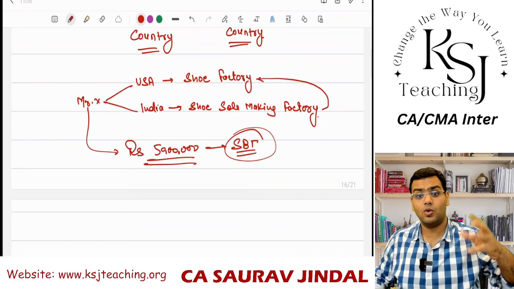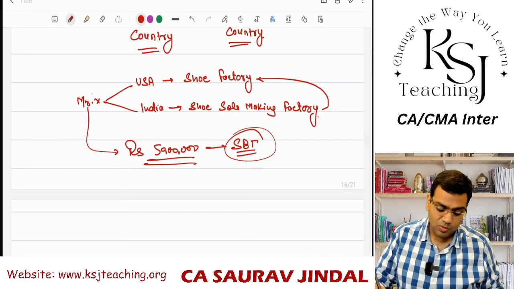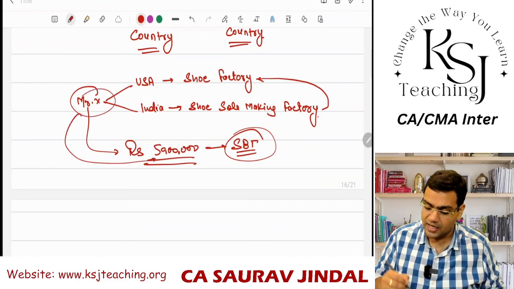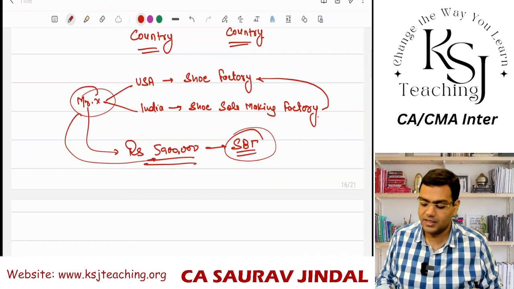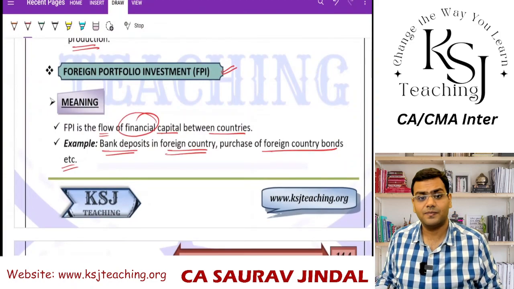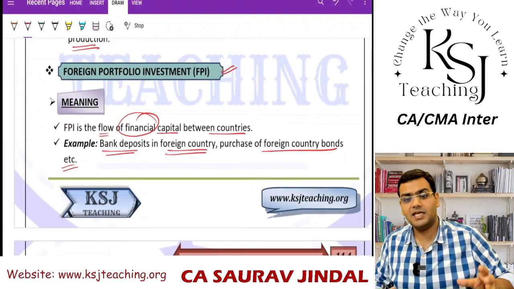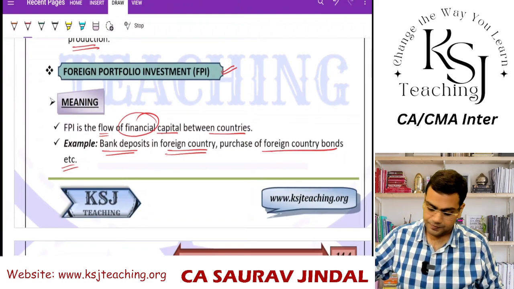Is he getting the ownership in the SBI? No, sir. But still, the capital is flowing from Mr. X to India in the form of this deposit. Similarly, if Mr. X is buying the bonds and all those things, he's not getting the ownership rights, but still the money is flowing from Mr. X from USA to India.